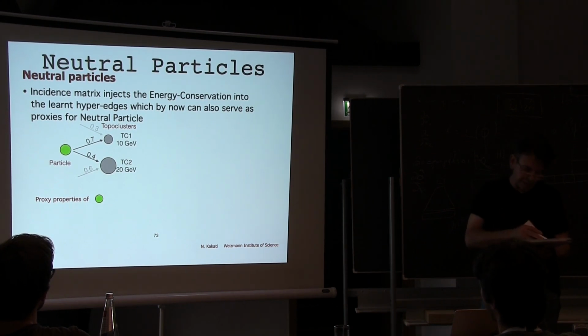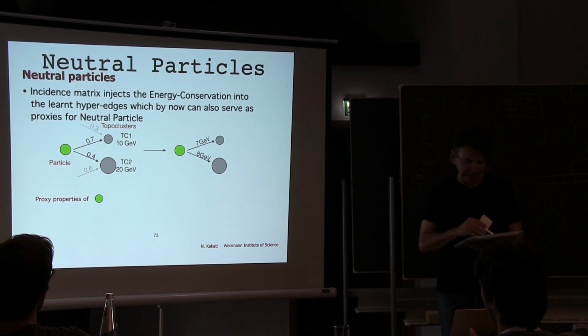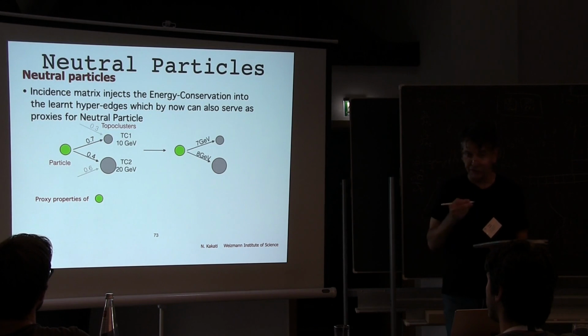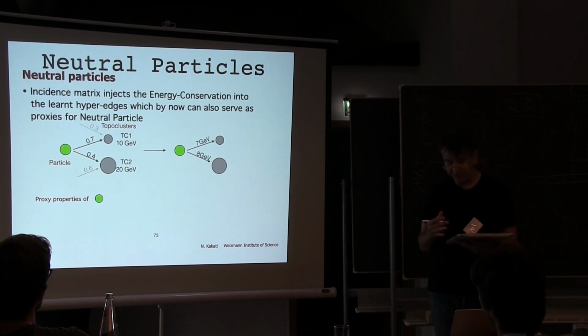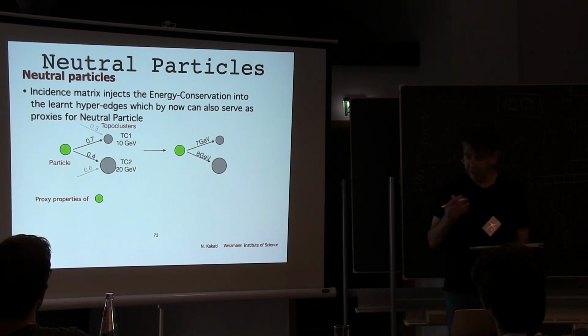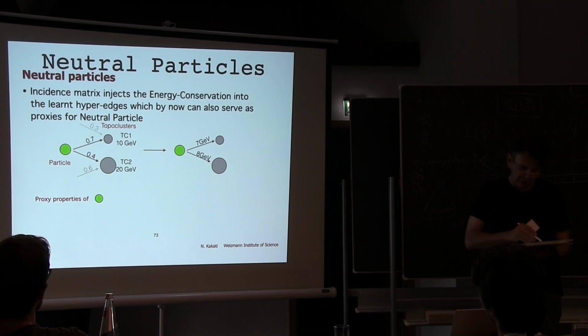So suppose we learn this part of the hypergraph, and this is 0.7, this is 0.4. So this will be translated into 7 GeV and 8 GeV because we know the energy of the topo cluster. This is a given thing, okay? What the hypergraph tells us is the 0.7 and 0.4. We know about the 10 and the 20.